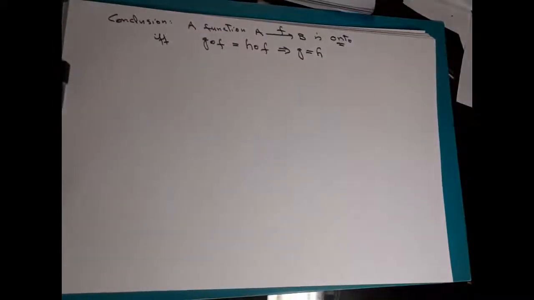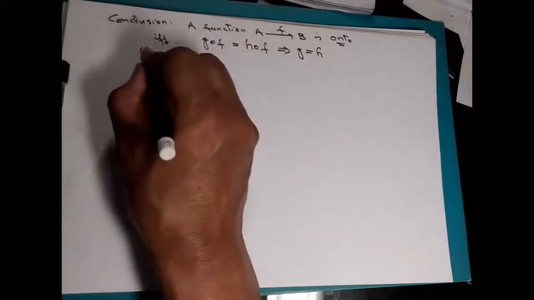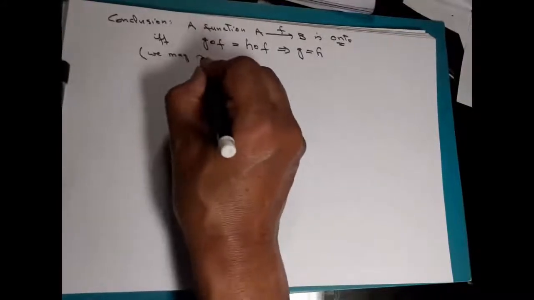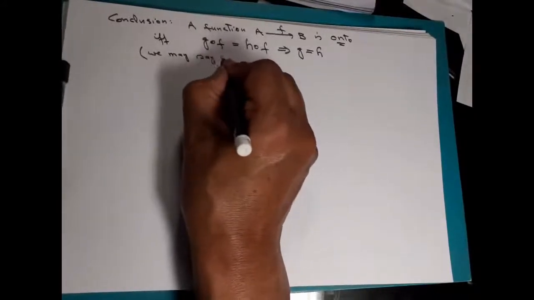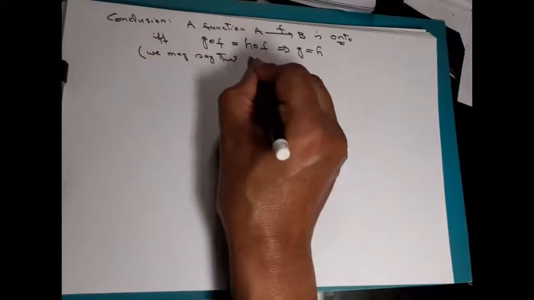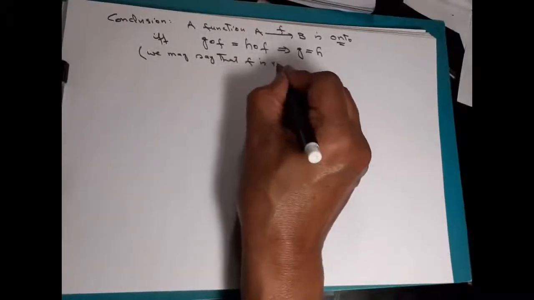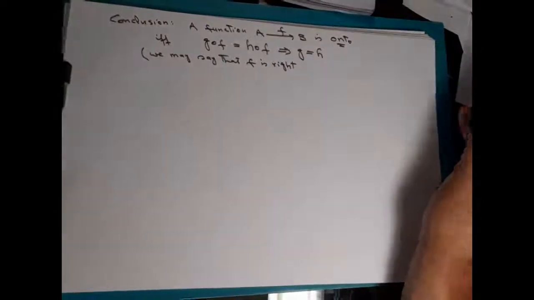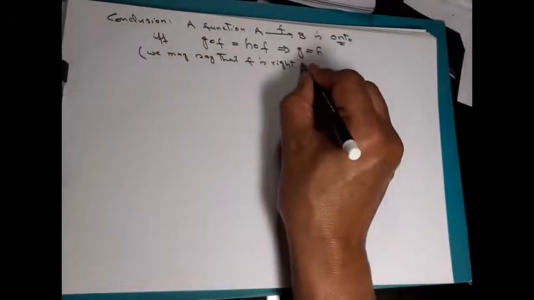We may say that f is right cancelable. Let me comment on it. We may say that f is right cancelable. It's not a very careful phrase, but anyway it helps sometimes.